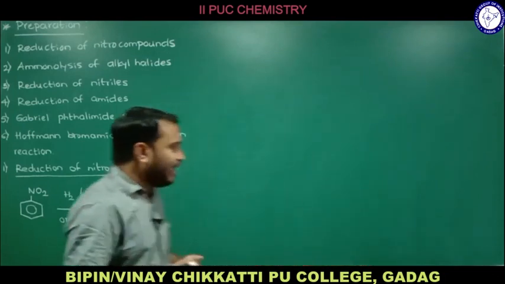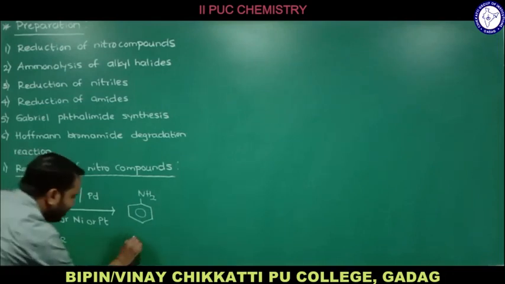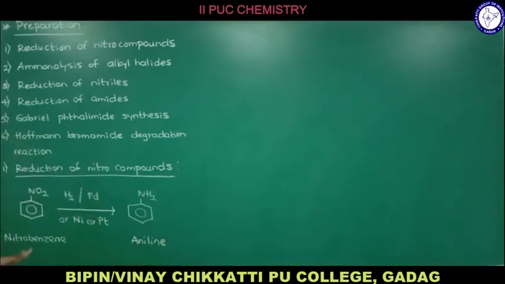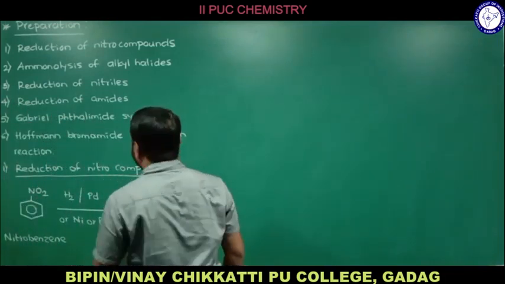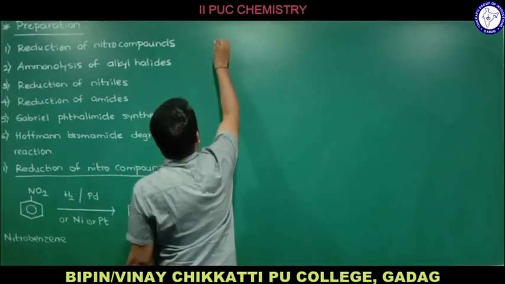And here I am going to write the names for your reference: this will be nitrobenzene, and this will be aniline. So this is how the compounds containing nitro group have to be reduced to amines. So this is one method, and one more method I am going to consider here.